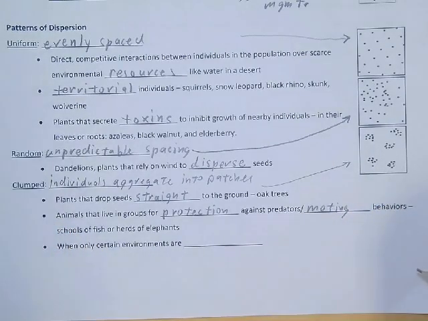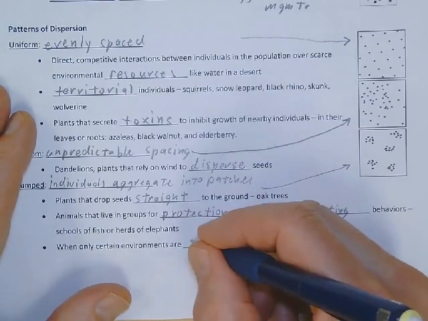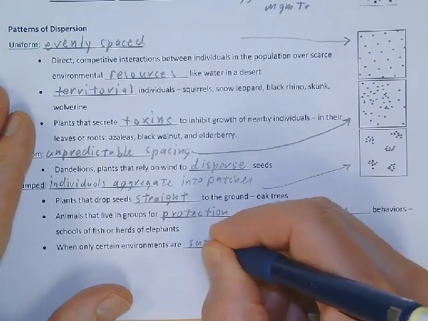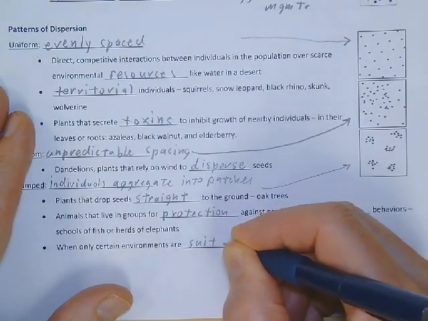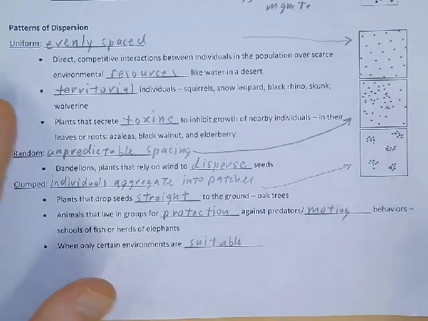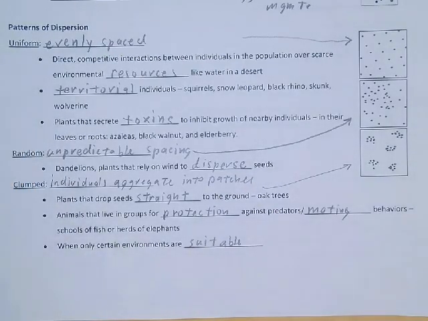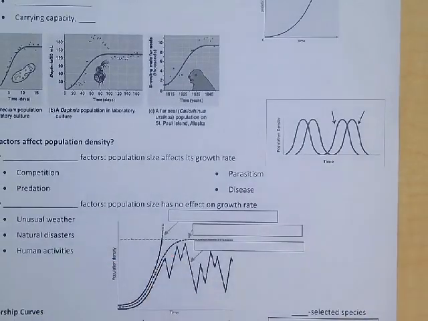Schools of fish, herds of elephants, you get the idea. Another reason why you might see that is where only certain environments are suitable. Coming back to water, along streams, you'll often see cottonwoods that need a lot more water than other plants, say like ponderosa, which can tolerate much drier conditions. So let's flip over the sheet and look at some more examples.